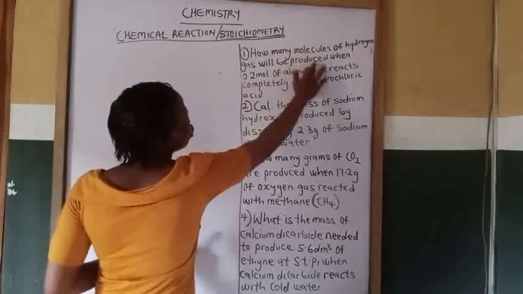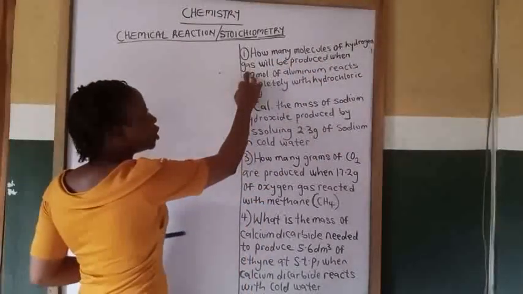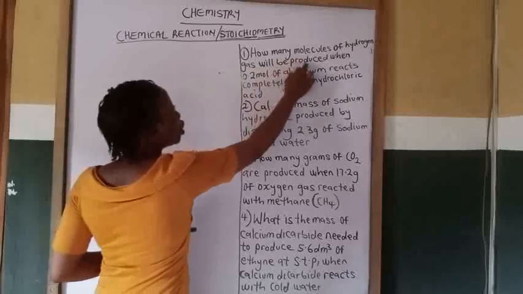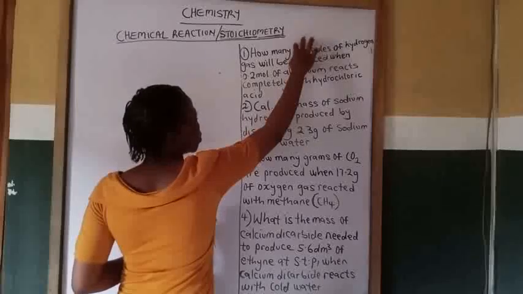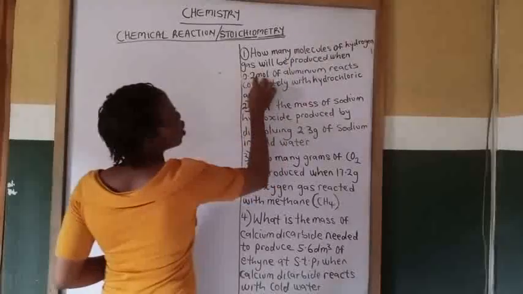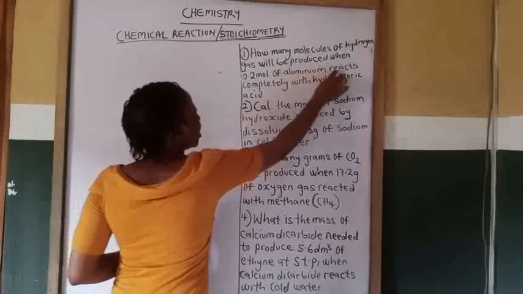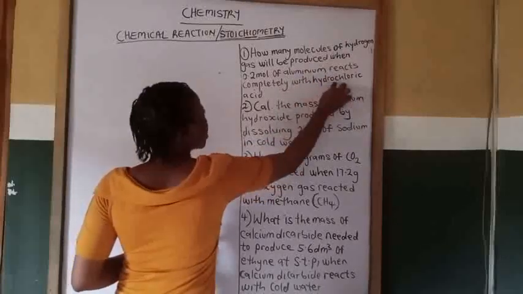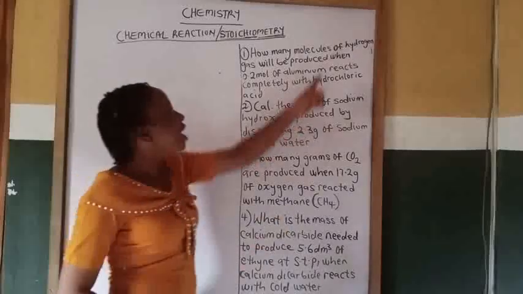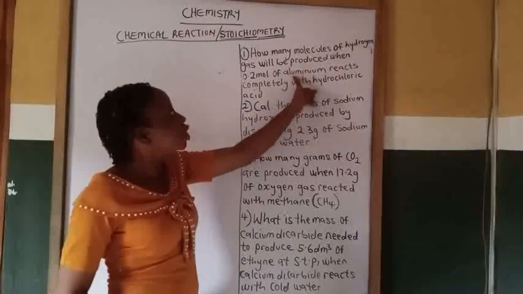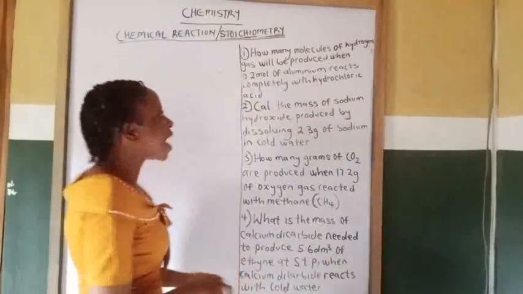How many molecules of hydrogen gas will be produced when 0.2 mole of aluminium reacts completely with hydrochloric acid? So it shows that hydrogen gas will be gotten from the reaction between aluminium and hydrochloric acid.